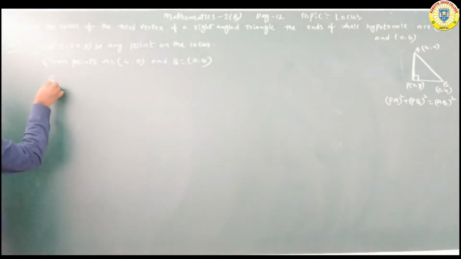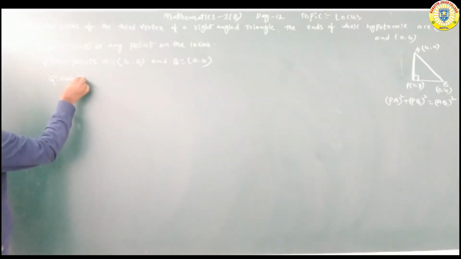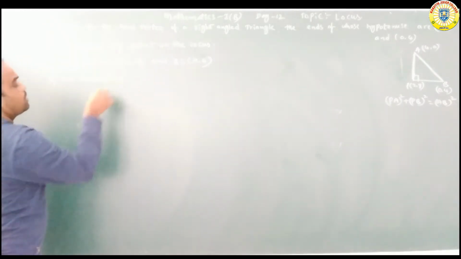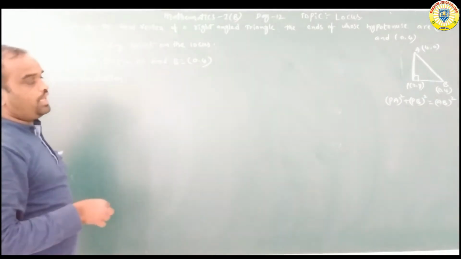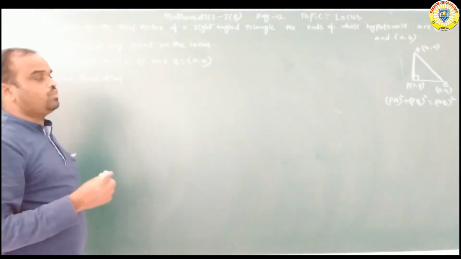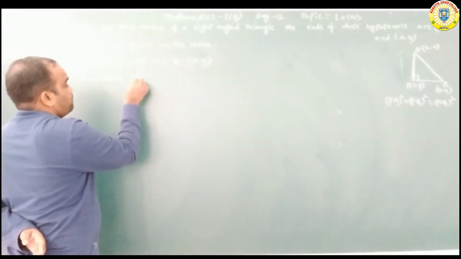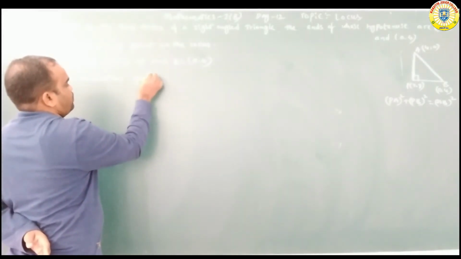The given condition is PA whole square plus PB whole square is equal to AB whole square.